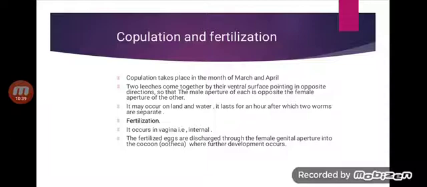The clitellum forms around segments 9 to 11 during breeding season. Here the clitellum is helpful for the storing of the eggs. It's a bag-like structure formed in the 9 to 11th segment. The clitellum forms only during the breeding season.